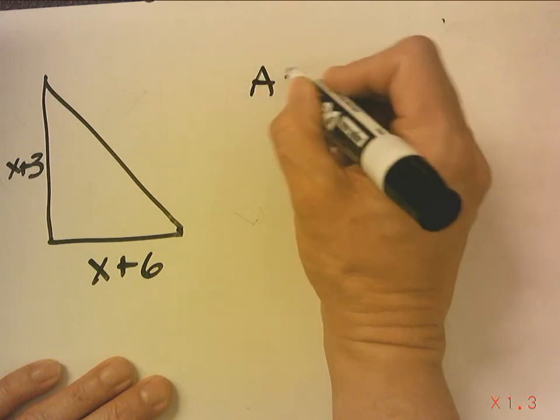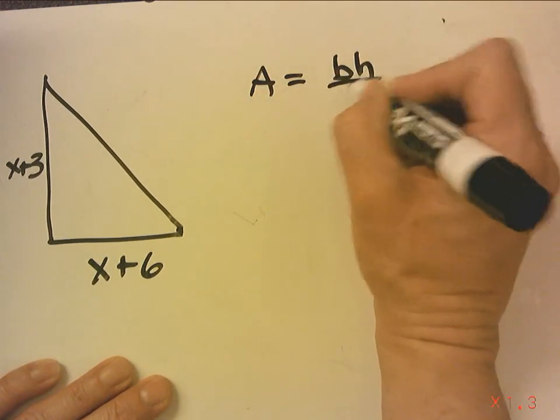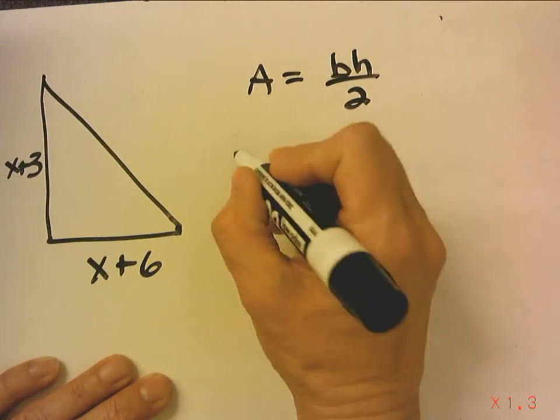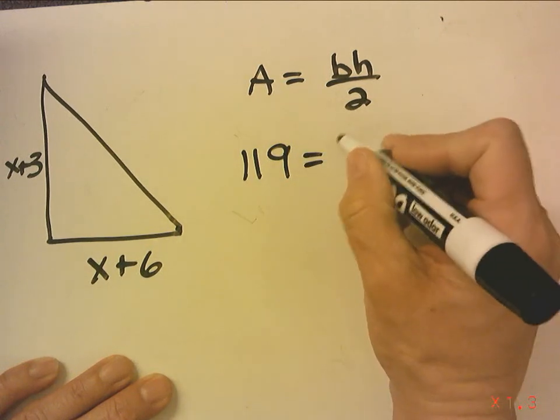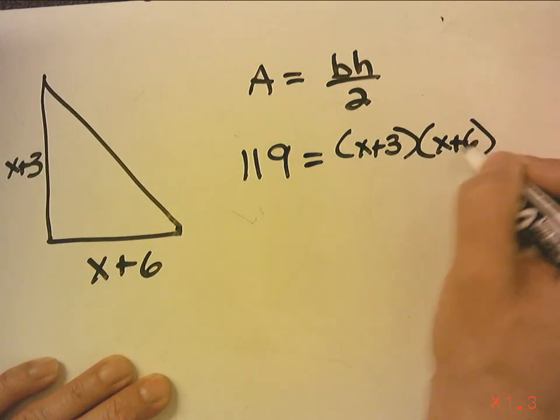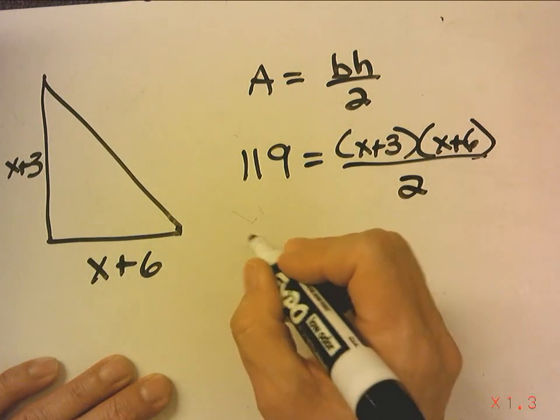Now I know area equals base times height divided by 2. So in this case, they give us the area. The area is 119 equals x plus 3 times x plus 6 divided by 2.